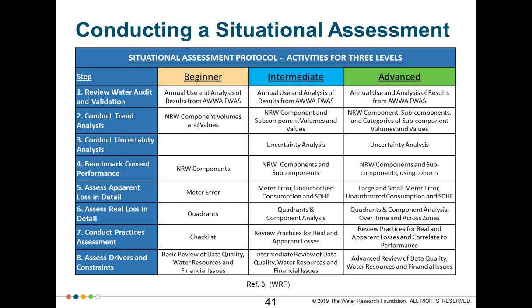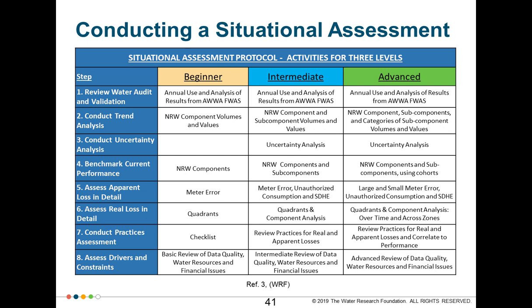In steps 5 and 6, a utility will examine apparent and real losses in greater detail. In step 5, the beginner utility will perform a basic analysis of customer meter inaccuracy, while intermediate and advanced utilities will review all components of apparent loss at a basic or detailed level. In step 6, the beginner utility will conduct a quadrant analysis, to be explained in detail later, at the entire system level of its real loss performance.